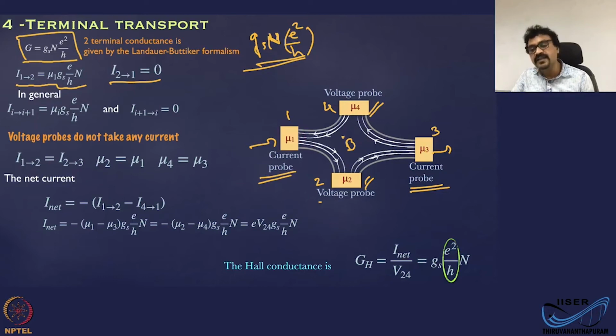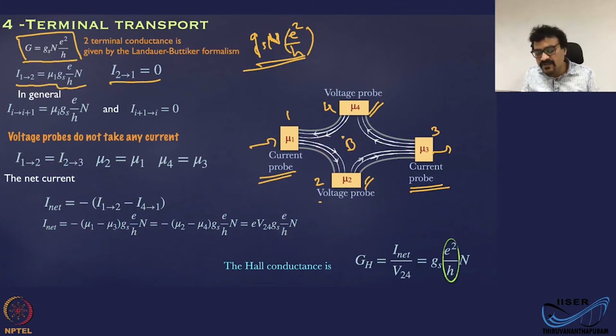And 1 and 3 will assume their own potential because that is something you control by biasing, by a current probe. That is the biasing condition. So 1 and 3 will follow whatever you have given, but 4 will follow 3 and 2 will follow 1. Now the net current is the difference, I1 to 2 minus 4 to 1, and you can substitute all these terms, mu1, mu3 and mu2, mu4.